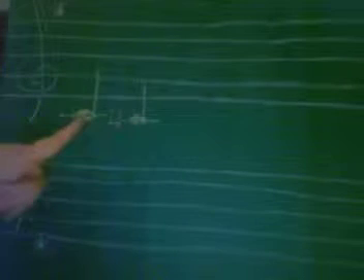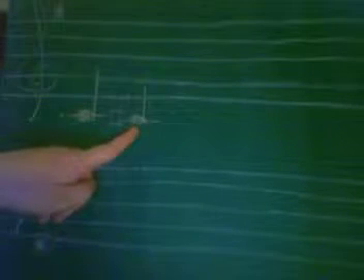So here's C. C natural because it's in its natural state. Just middle C, plain old middle C. This is C sharp. From C to C sharp is 1/2 a step. Because when you see a sharp, you raise it 1/2 a step.